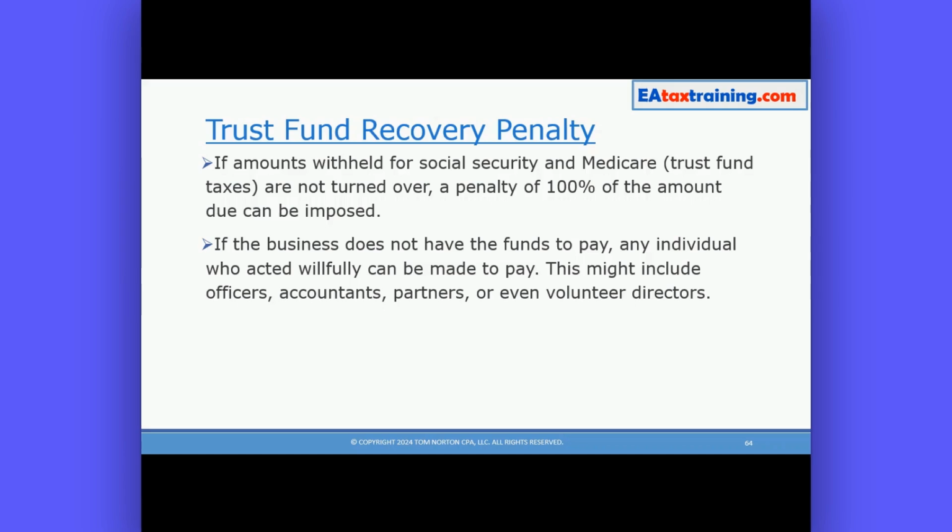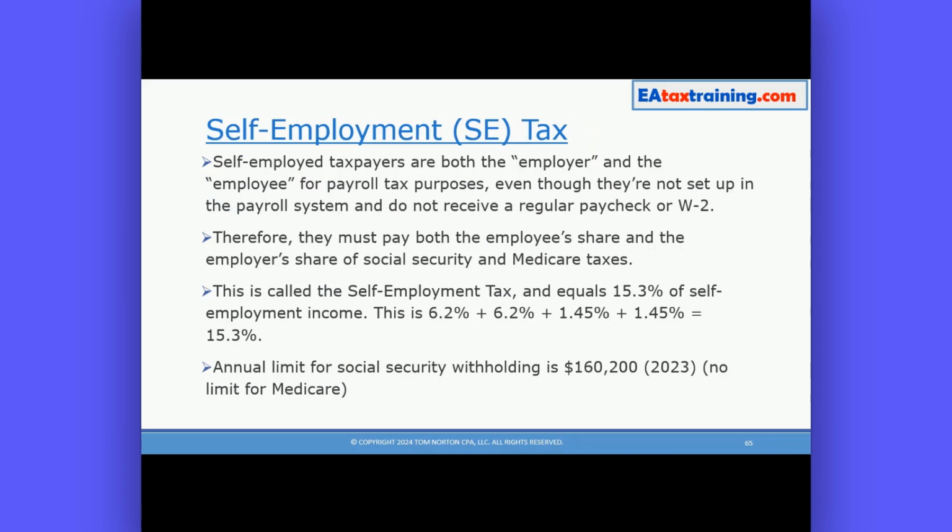So remember when we said if you've got an entity that the owners have liability protection? Well, you don't have liability protection for this. For this, the IRS can go after the individuals, and they don't even have to be owners. They could be anyone in the business. If that person acted willfully to not pay these funds over, they can personally be liable for paying them. So that is a very big deal.